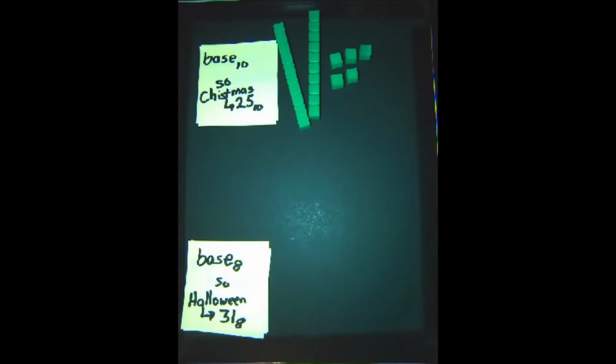When we start looking at Halloween, we have a slightly different problem in that we've never worked with this before, but we at least know what to do with the units. We'll put the 1 unit down, and now we have to think a little bit about what this place value looks like.